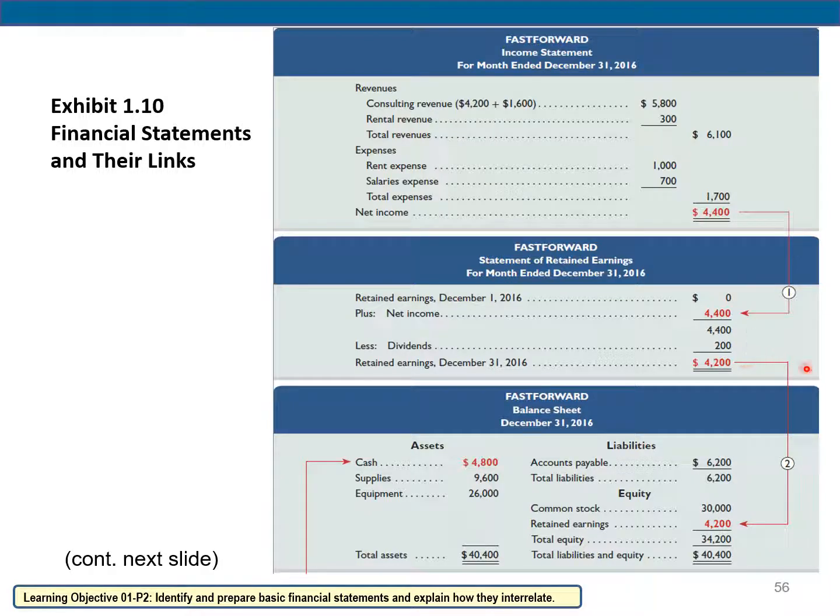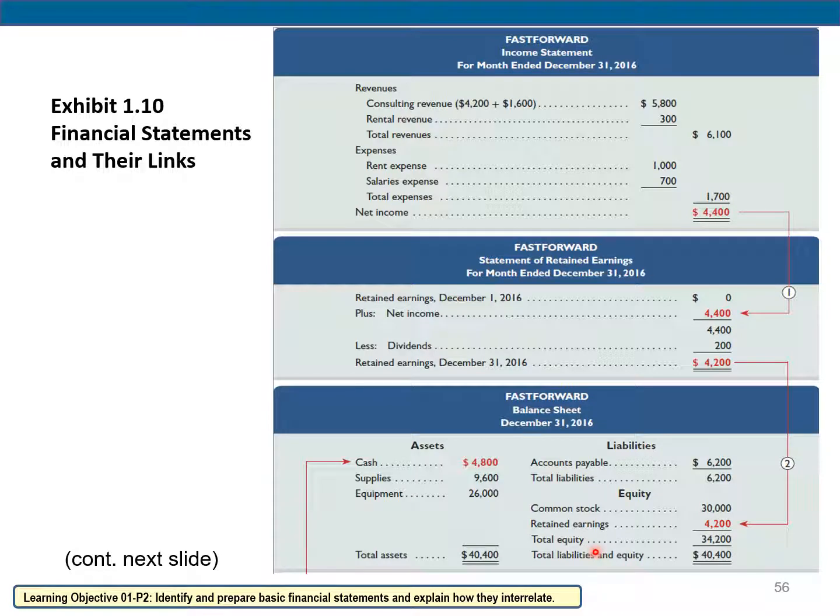Then your retained earnings flows down here to your balance sheet. The way your balance sheet is set up, you typically have your assets at the top or the left, depending upon how it's presented. Then you have your liabilities on the right or in the middle, and then your equity at the bottom or on the right.